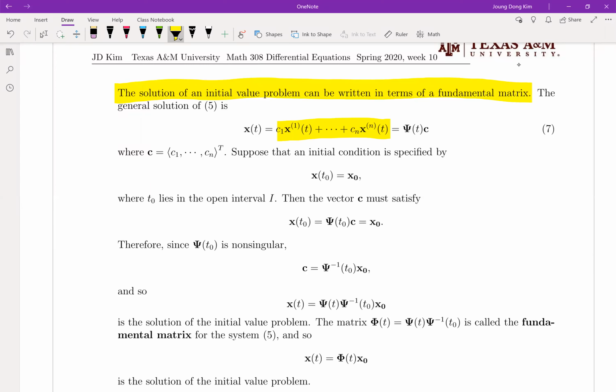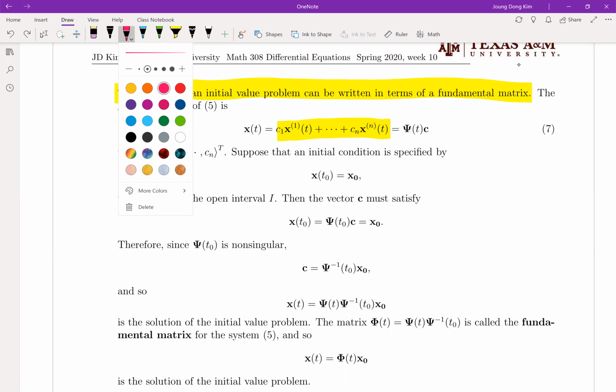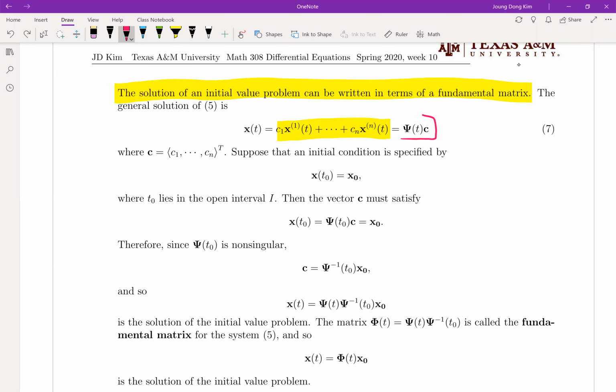Then if I say vector C is the coefficient vector of this linear combination, your solution can be written as psi times vector C, right?